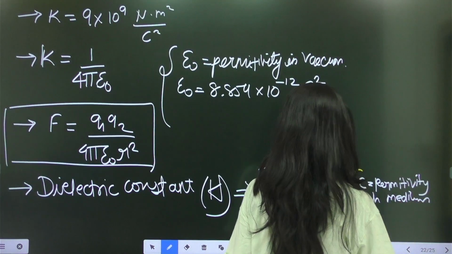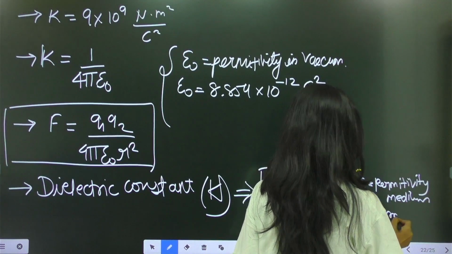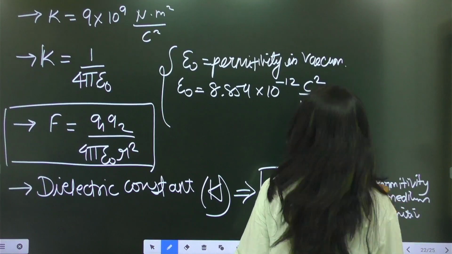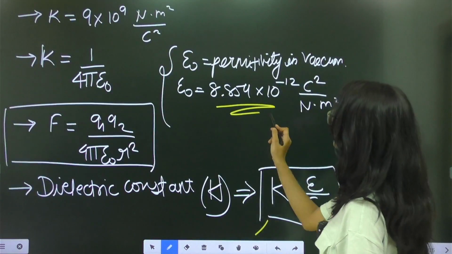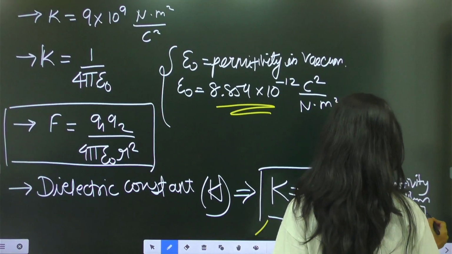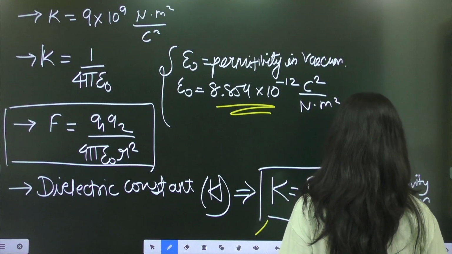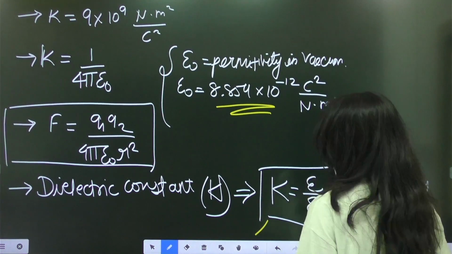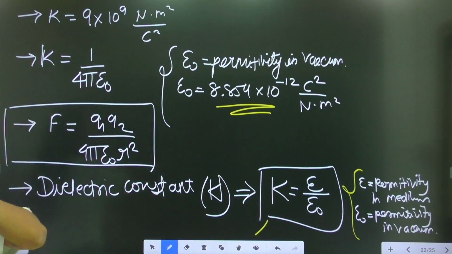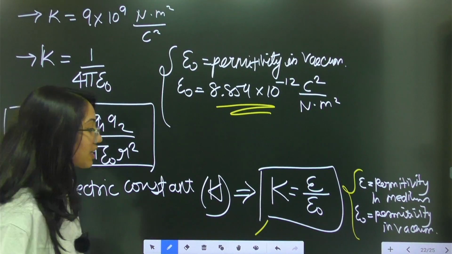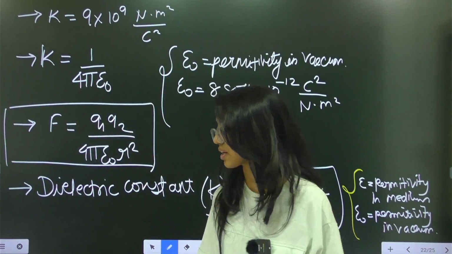And epsilon 0 is the permittivity in vacuum, which I have already written here. Okay, so this basically covers all kinds of data for electrostatic force or Coulomb's force.